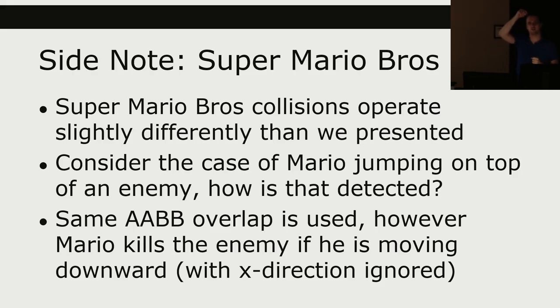And if it's landing on the top of the other entity and there was no previous overlap, then we would say, okay, now it's landing on the top of the entity. But in Mario Brothers, the same AABB is used to do the overlap detection, but the only thing that the game checks is if there's a collision and if Mario is moving down.